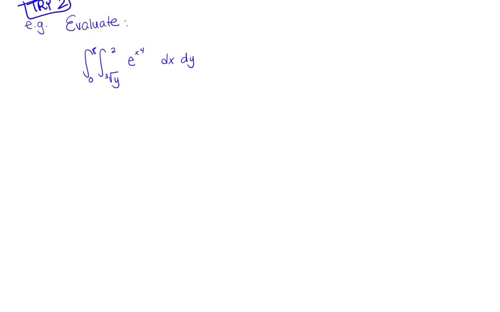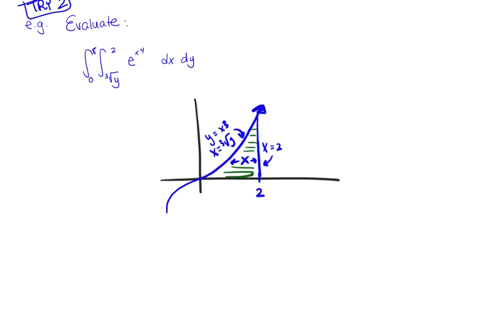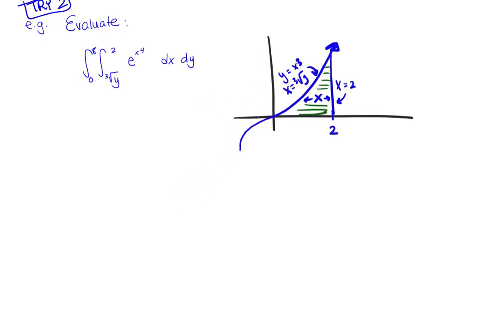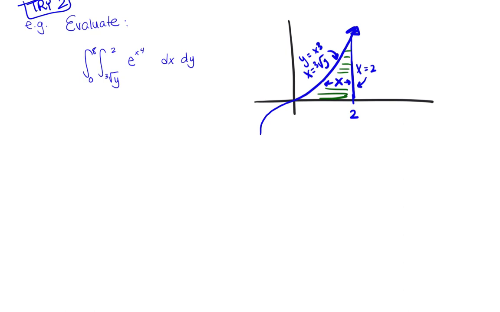Okay, so again, I'm going to evaluate this function, but now by changing the order of integration. Again, let's think about the region we were trying to integrate. Instead of having an x first integral, I'm going to have a y first integral.